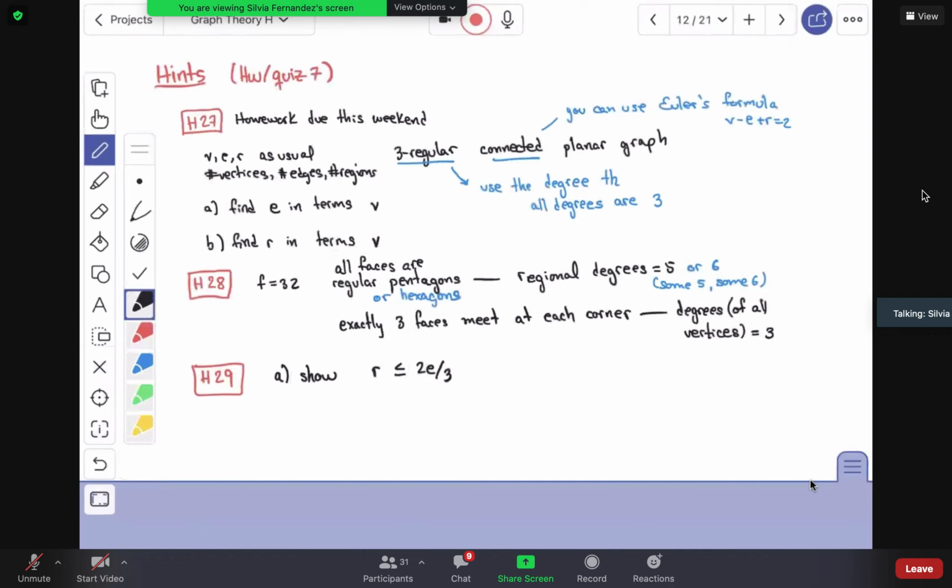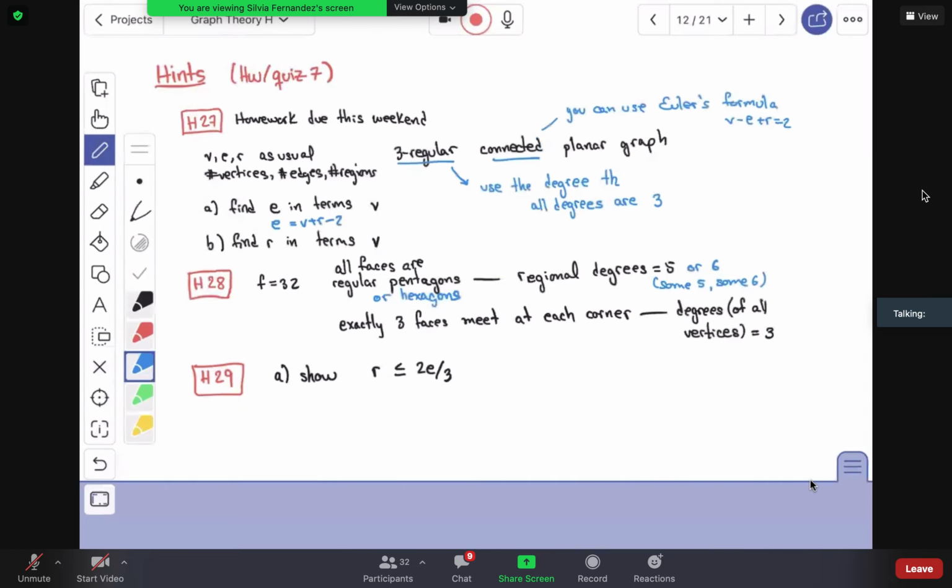Yes, that's why you see from Euler's formula, I could say V equals 2 plus E. I could say E equals V plus R minus 2, but that wouldn't be okay because I still have the R. So that's why we're using all the other stuff so that we can somehow get rid of the R.